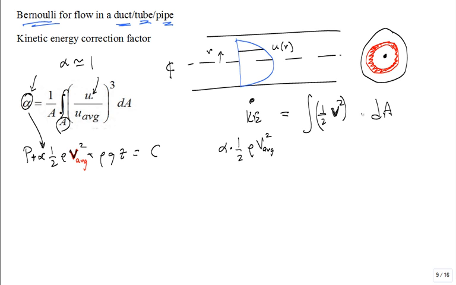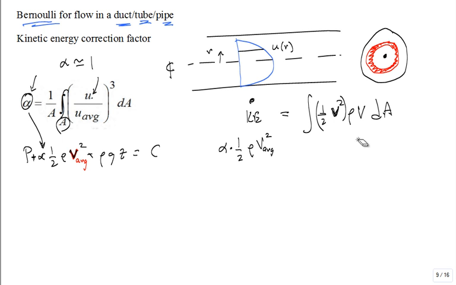If I have rho V dA, which is counted for the dA right there, then that is my little mass flow rate, little dm dot. And this is the kinetic energy per unit mass. And so that is a good integral for calculating the total flow rate of kinetic energy with the fluid. Does that make sense?